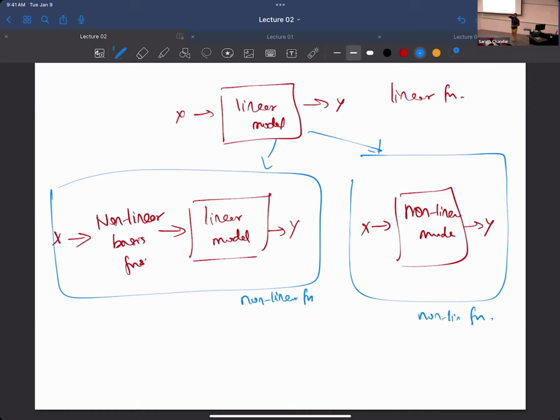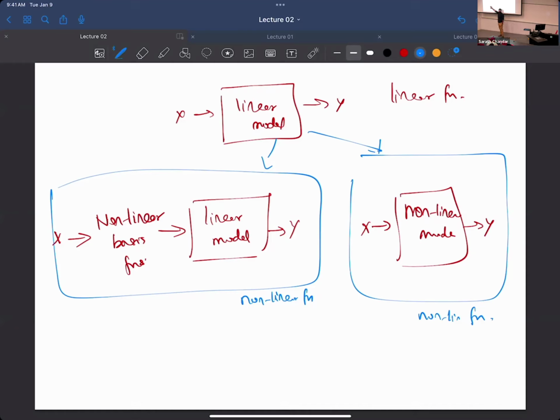It's easier. Why is it easier? It's easier because with the linear model, we know the closed form solution, right? So by just adding nonlinear basis functions, we were still exploiting all the benefits of the linear model while also getting the benefits of nonlinearity.